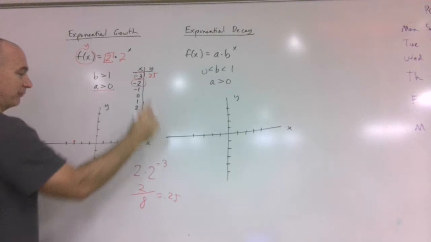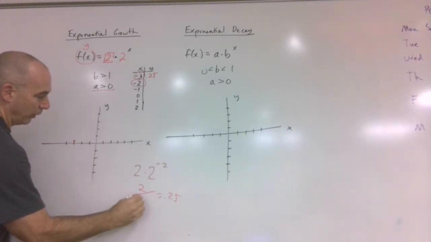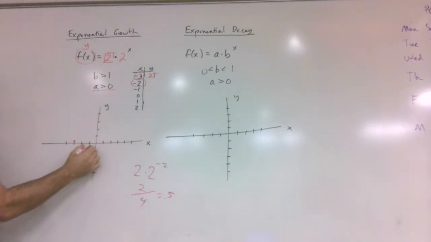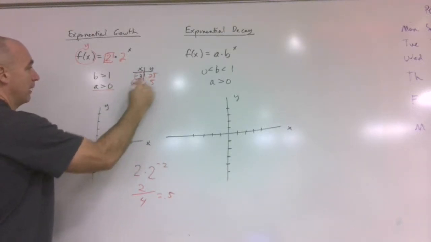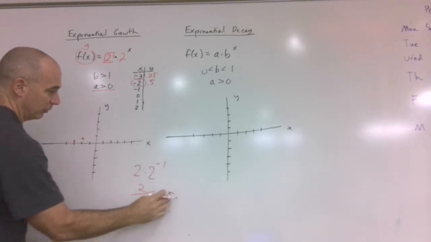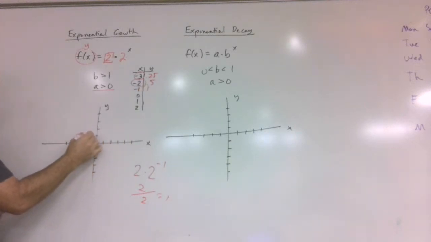Now I'm going to put in negative 2 for x. That would be 2 over 4, which would be 0.5. And so I go negative 2, 0.5. Now I'm going to put negative 1 in for x, which would just be 2 over 2, which is now 1. So I have negative 1, 1.